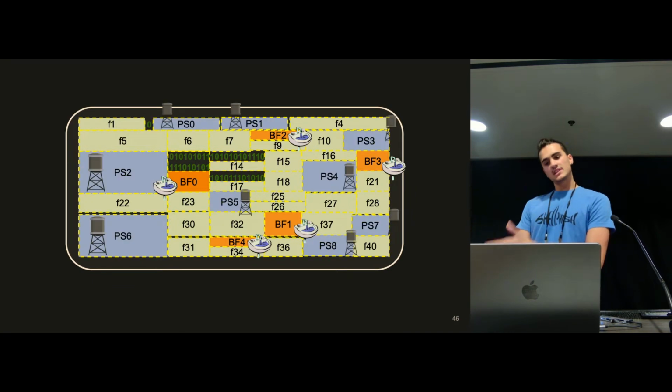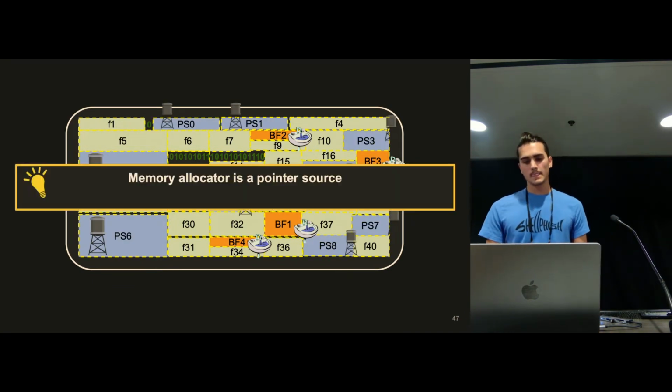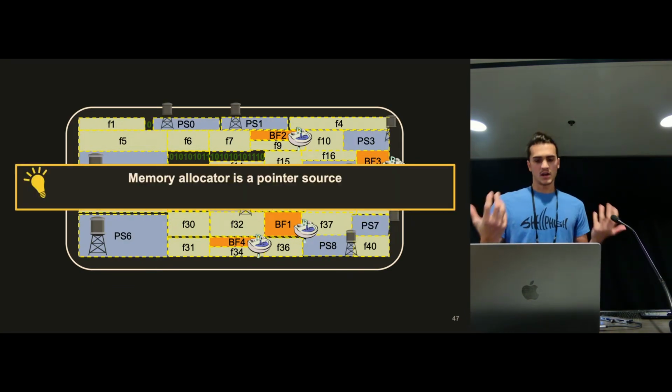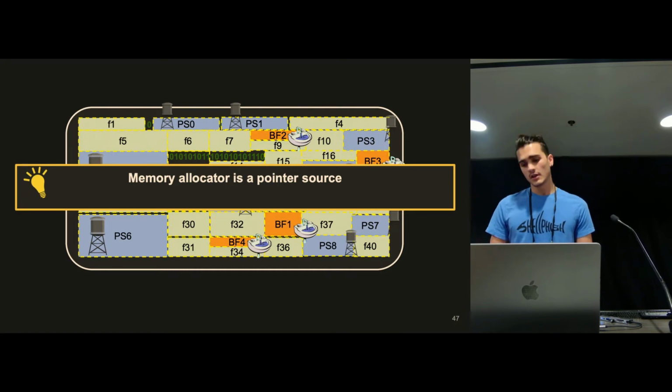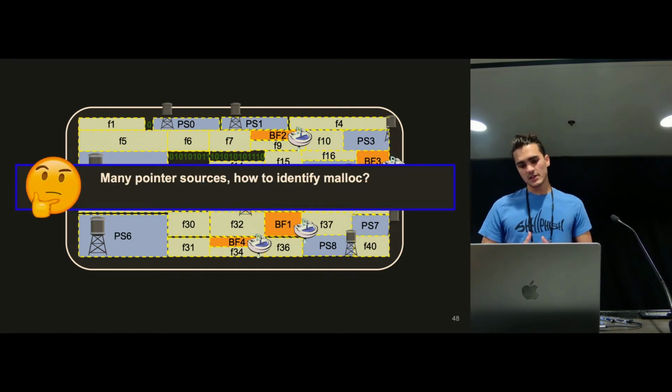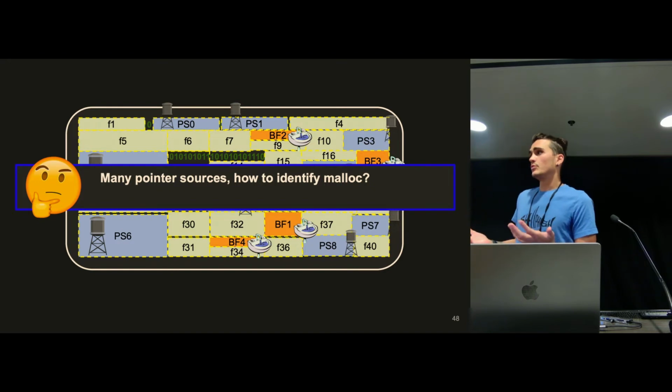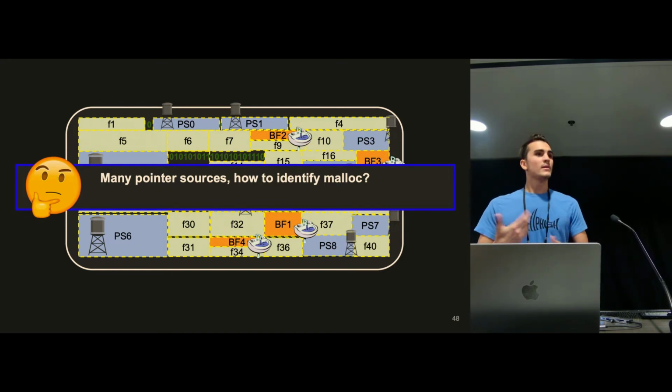So now we have sinks and we have sources. We know that a memory allocator is a pointer source by construction, right? Sometimes I have many pointer sources, and I don't want to go through them manually again. So we want to use an automatic technique to understand which one is the allocator of this blob.